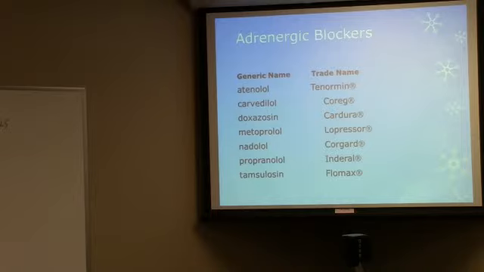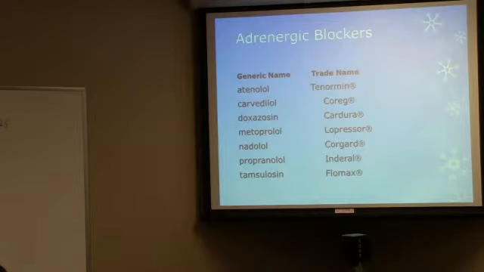Notice that if the drug ends in OSIN, that means that it is an alpha blocker. So if it is OLOL, beta.